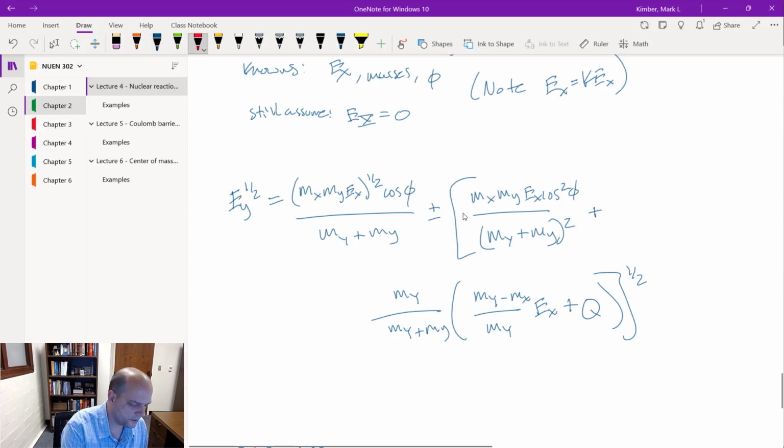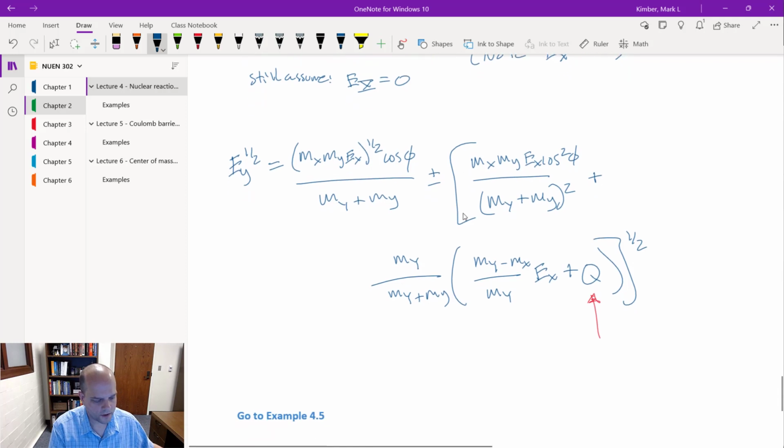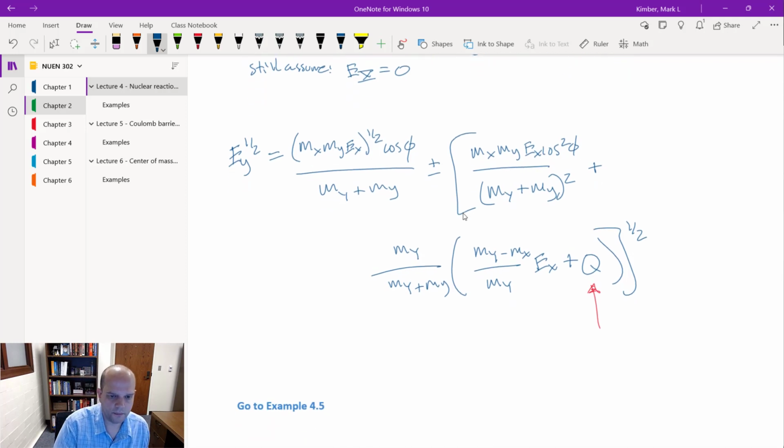It's just built into this Q. If I change the mass of that target, it's going to change Q. Therefore, it is in there just indirectly. So that's going to give me my kinetic energy for the smaller of the two products, and I use that to find.